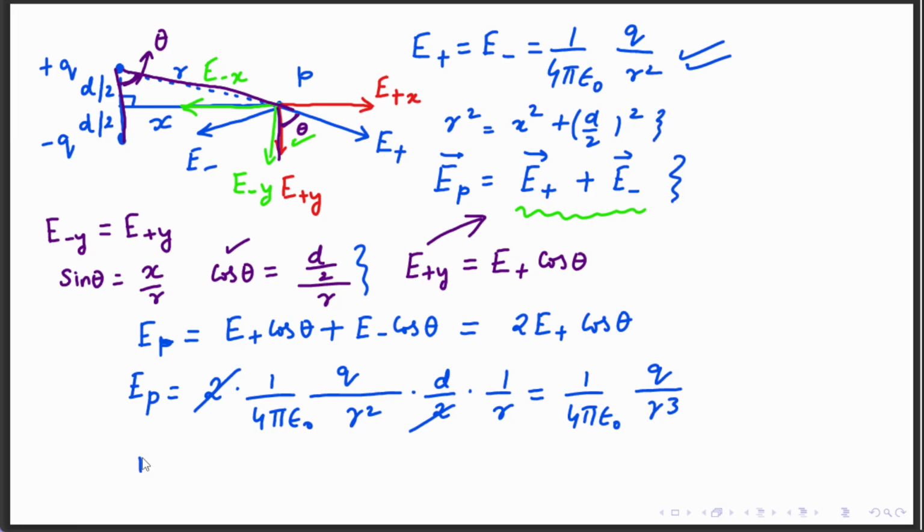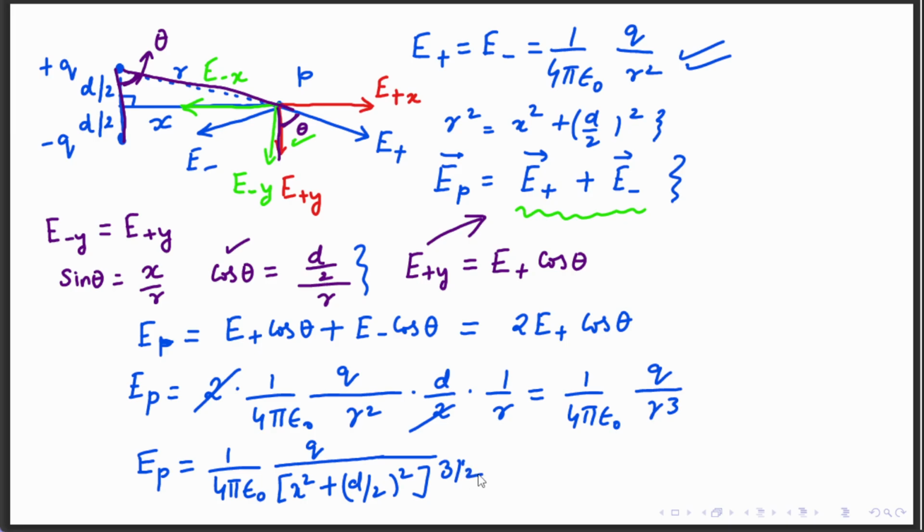So finally, the electric field at point P along the perpendicular bisector of the axis of the dipole is given by 1 by 4 pi epsilon 0 Q d divided by x square plus d by 2 whole square to the power 3 by 2. This is the final answer for the electric field at point P.